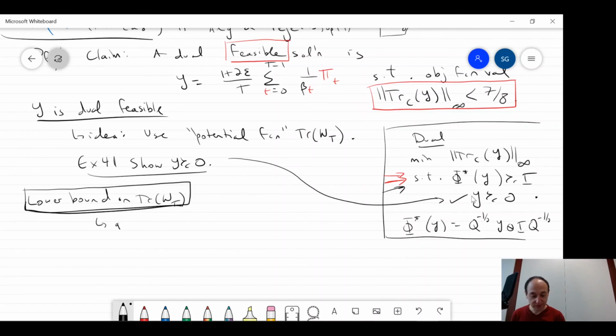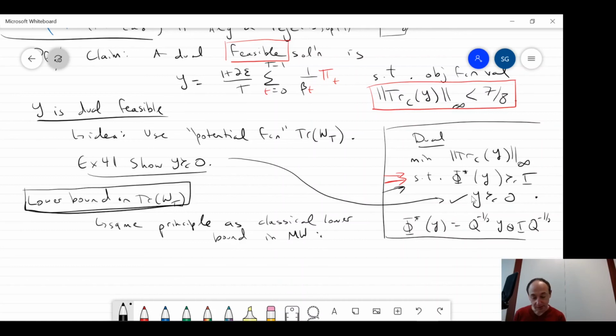We're going to use the same principle as the classical lower bound in the classical MW method. There, to give a lower bound on our potential function, we use this very simple idea that if I have a sum of non-negative numbers, it's always at least as big as the smallest number, or any number, of course, in the sum.